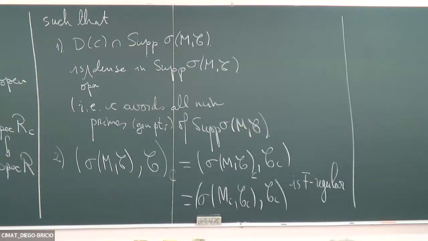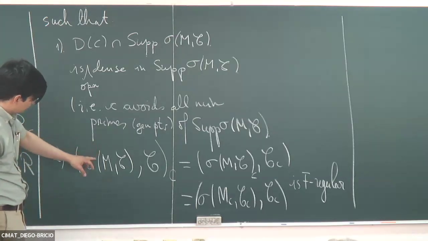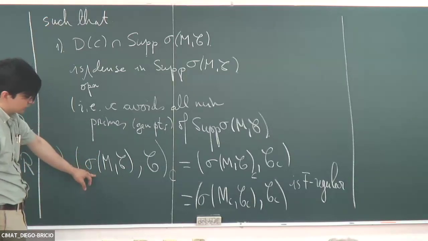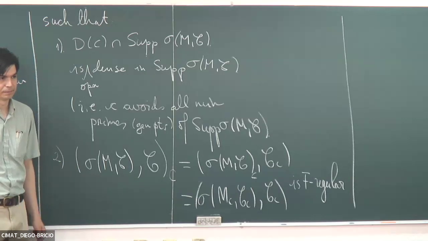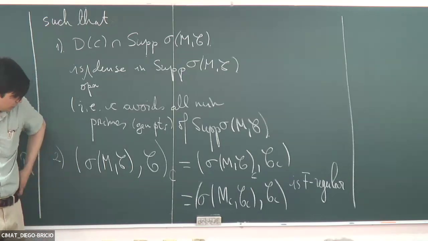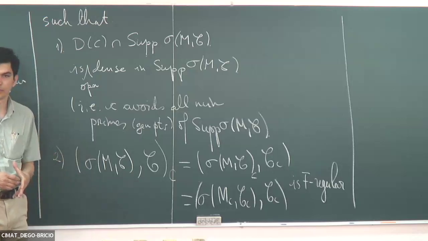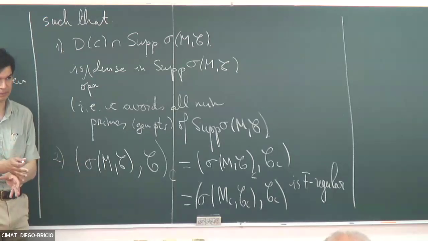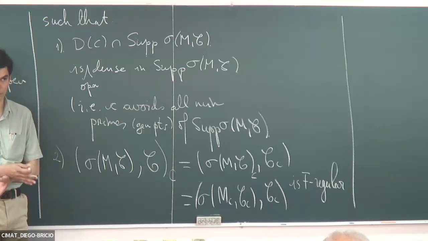In other words, the test module exists if and only if generically its crystal is F-regular. So when an open neighborhood containing every single minimal prime, my Cartier module is a breaker.